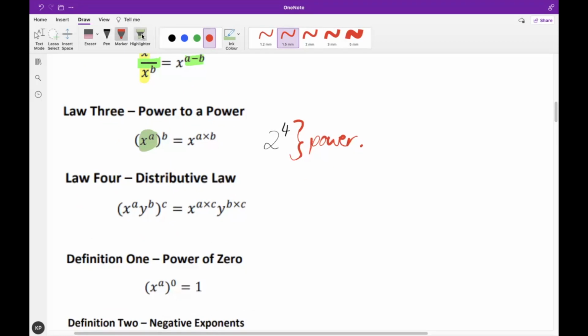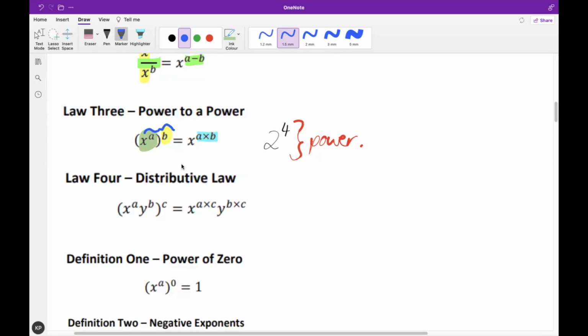Okay, so if you have a power and you are raising it to another exponent, so this time we have 2 exponents. In that case, you multiply those 2 exponents that are at the top. Like these two. So here we have an a and a b, so we multiply them.